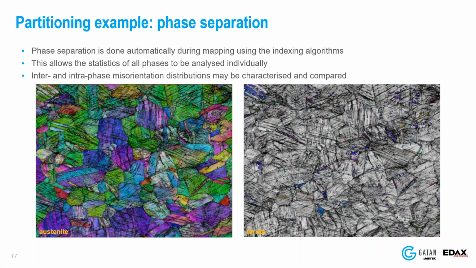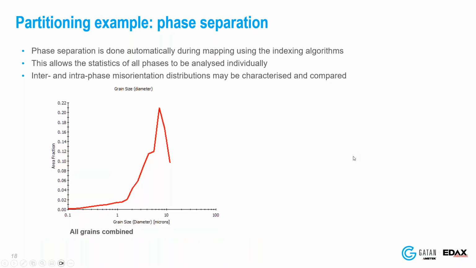So when I open that data set, I get a partition just for austenite, just for ferrite, and I can use that, because if I don't do that and I make a grain size distribution, the software will just use all the grains in my data set. And this is my grain size distribution, fine. Then the average here is about 8 or 9 micron.